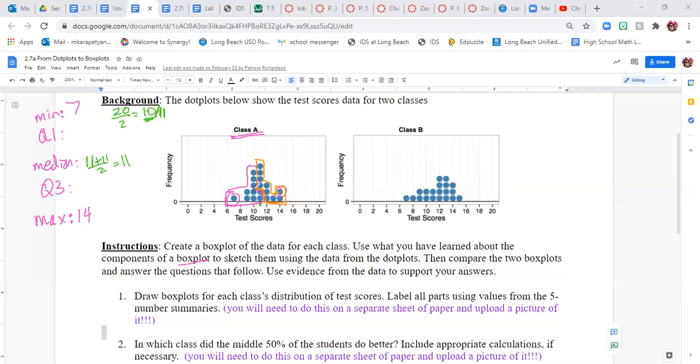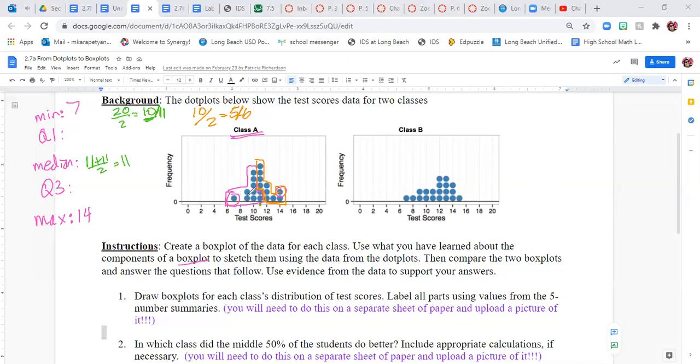Now I need to find the middle of this 10 and the middle of this 10. How am I going to do that? The same way I did this. I'm going to take the 10 values and divide by 2 to see what the middle value is. That's a 5. Again, it's a whole number, so I'm going to be looking at the 5th and the 6th term, and the average of these 2.